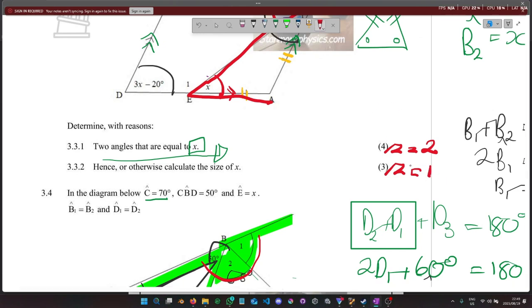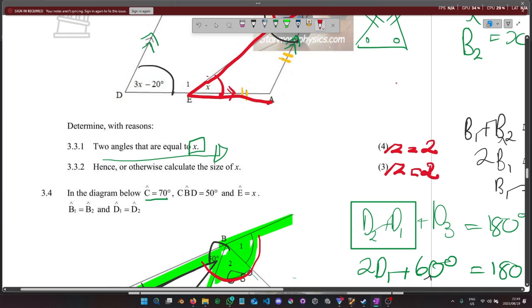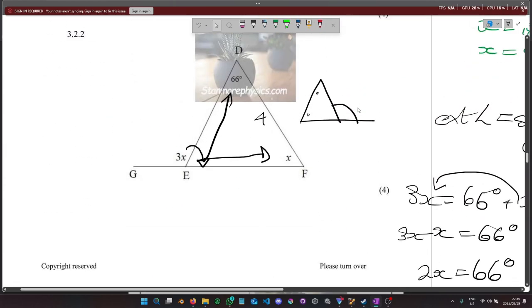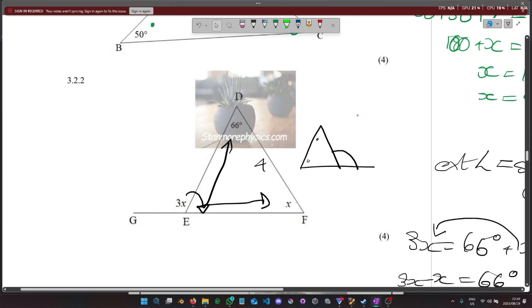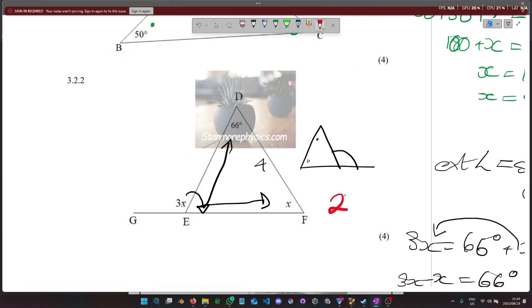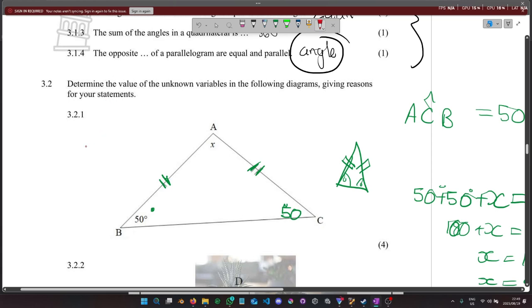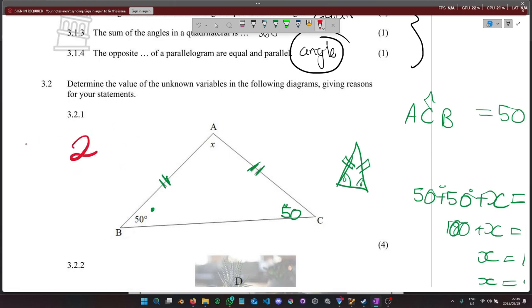Or 2 marks for the actual value. But this one, just 2 marks. This one, 2 marks, because all we're saying is we're getting the statement and then the value. This gives you 2 marks.